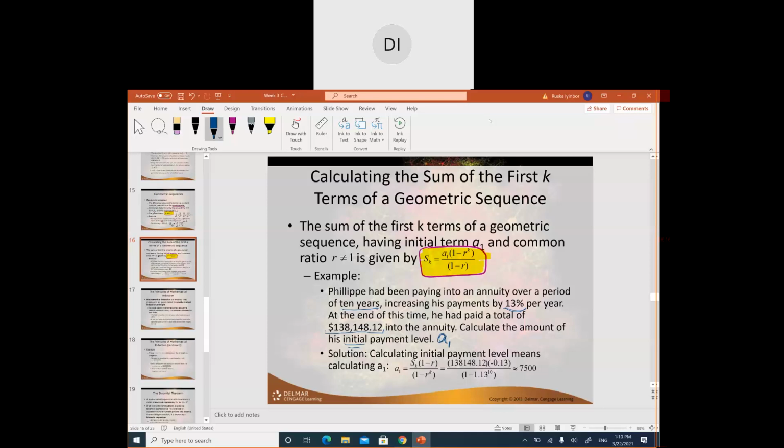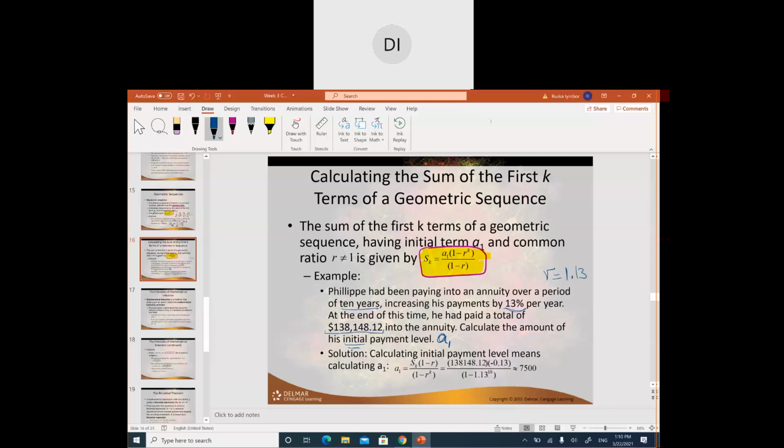So how are we going to do that? The rate is 13%, so 0.13 is the rate. But because it's increasing, the R is going to be 1.13.